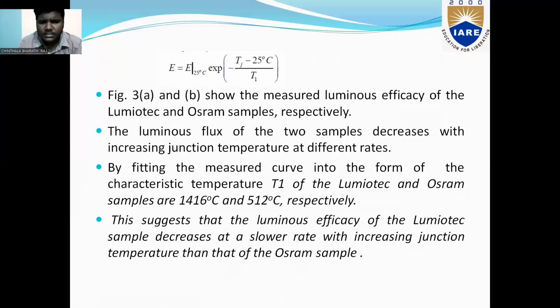By fitting the measured curve into this form, the characteristic temperatures T1 of the Lumileds and Osram samples are 1460 degrees Celsius and 512 degrees Celsius respectively. This suggests that the luminance efficiency of the Lumileds sample decreases at a slower rate with increasing junction temperature than that of the Osram sample.